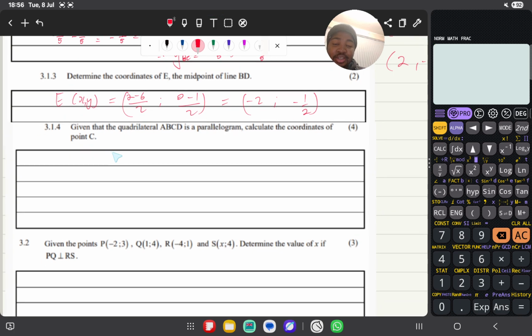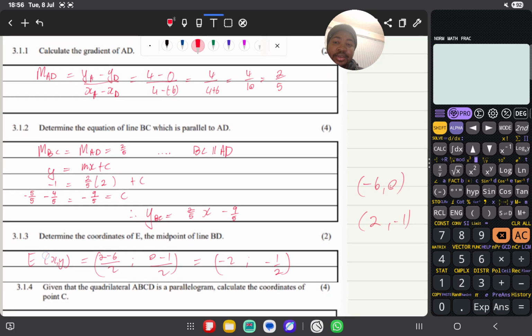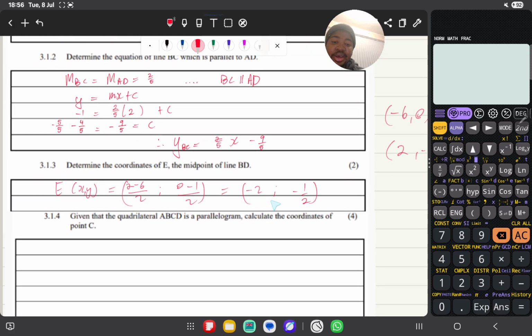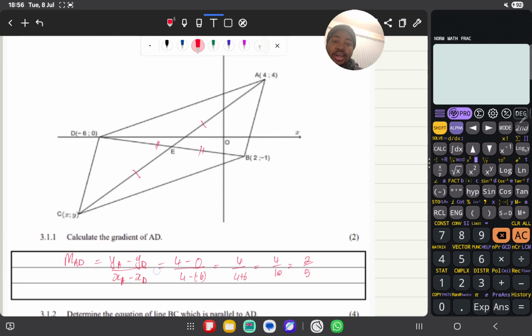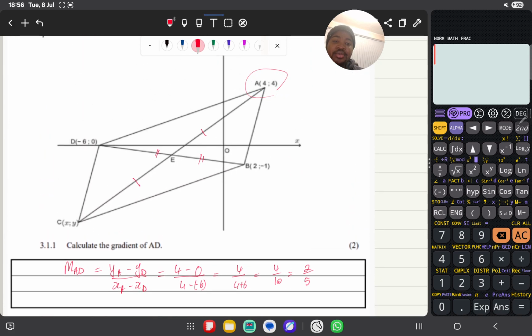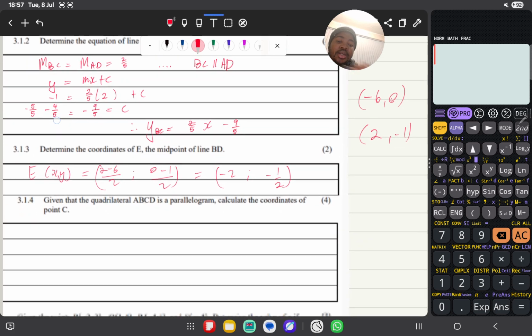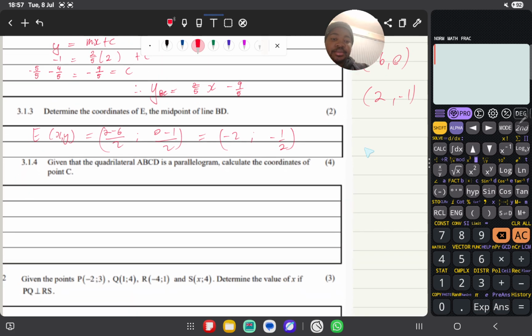Let's see exactly what I said. They say find the coordinates of C, right? Find the coordinates of C. So we have our midpoint here, and we're going to need this point A, because point E is the midpoint of AC, right? Sorry, and point A is (4, 4).